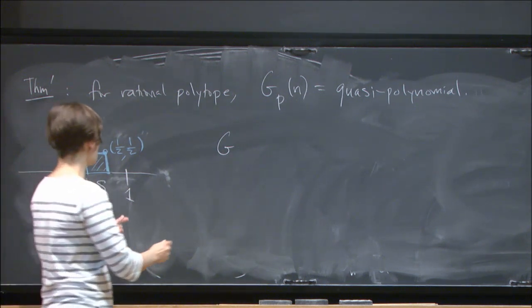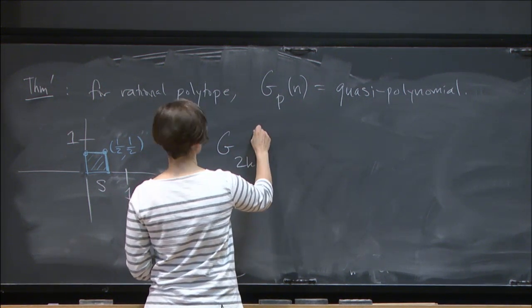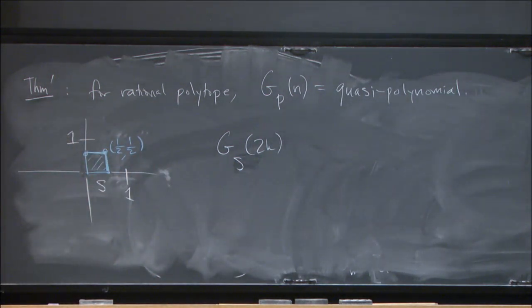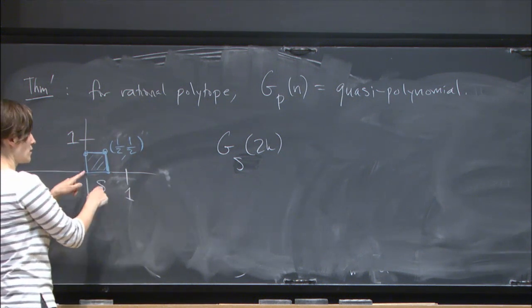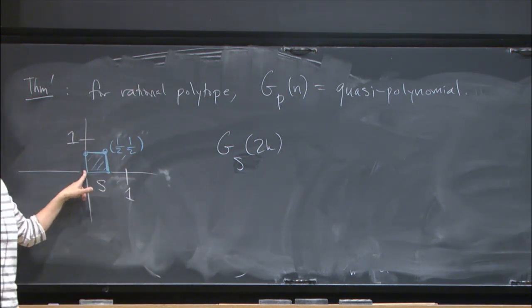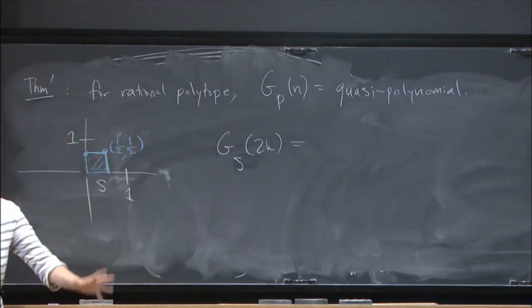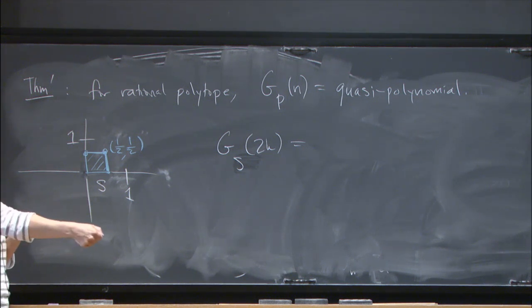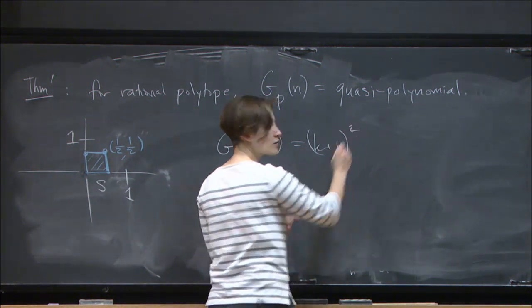Let's do gS for g an even number. What happens for g S, even number? Then I have the square with a corner at (0,0) and a corner at (k,k). So I can get its exact number of lattice points: k plus 1 points along the bottom from 0 to k, k plus 1 points along the side, so I get (k+1) squared. Everybody happy with that?